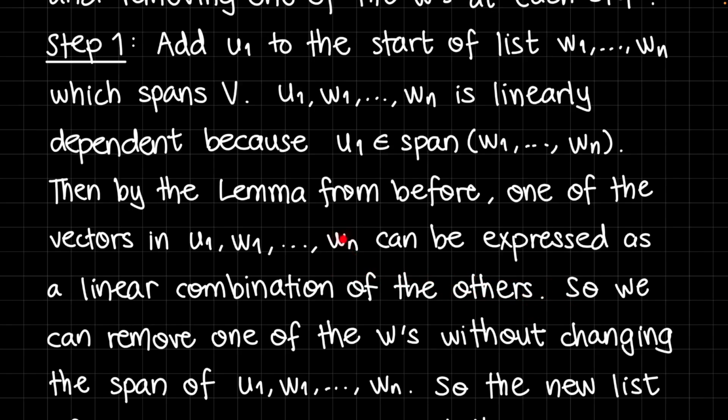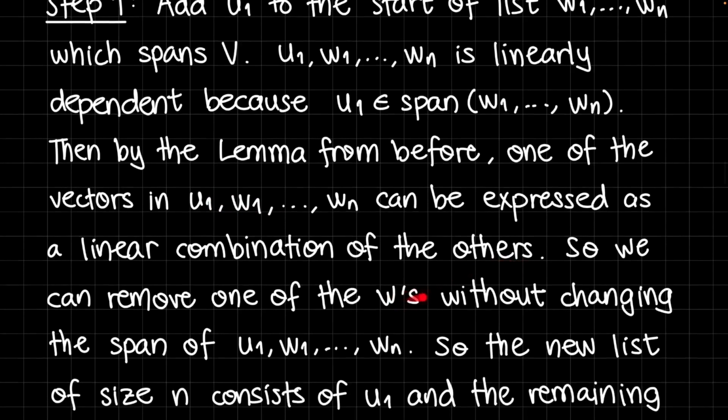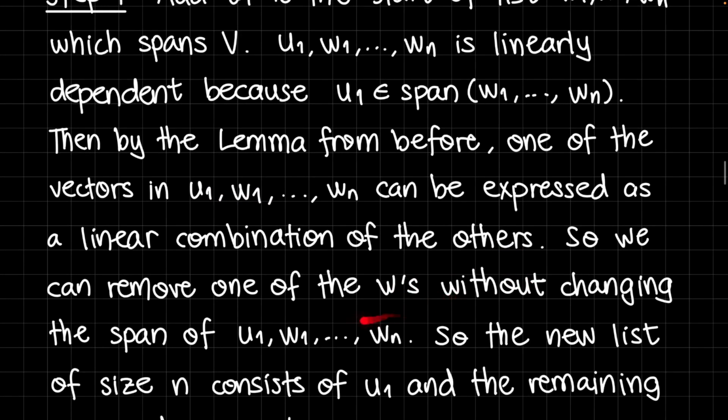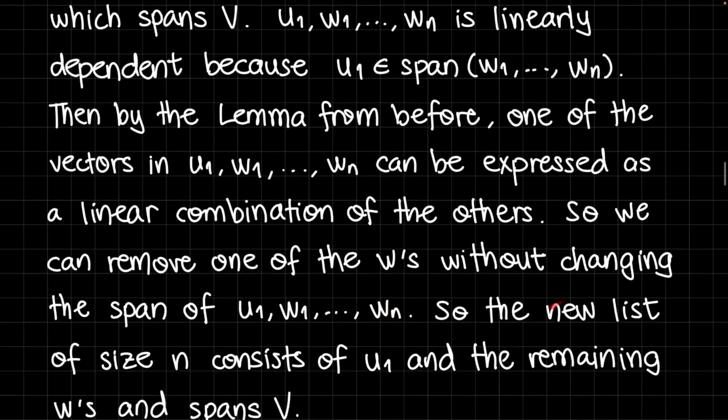And the lemma from before also guarantees that if you remove such a w from this list, which was a linear combination of the vectors before it, which in this case would also include u, because u is at the start position, removing such a w will not change the span of the original list, which is u1, w1 through wn. So the new list of size n, after removing that w, because we added a u and removed a w, the size does not change.